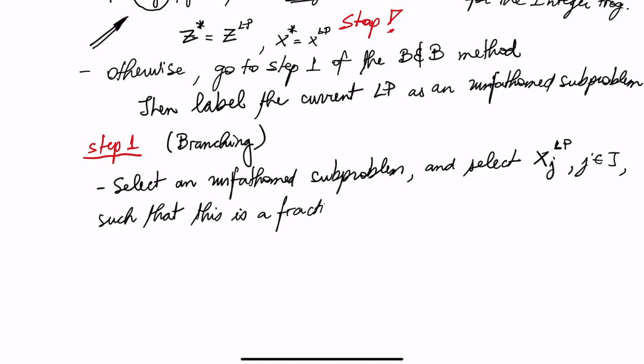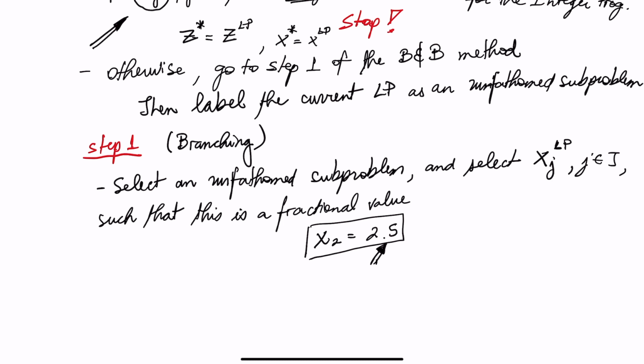What does that mean? That means, for example, that I have an x2 there that's equal to 2.5, right? So this is a fractional value, and it means that the LP relaxation gave me a solution that's not integer, and I wanted to make this element integer valued.